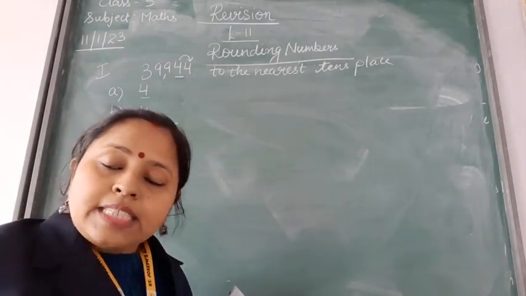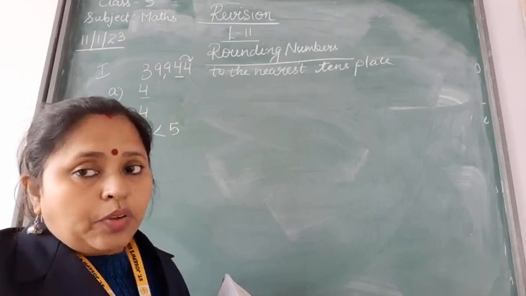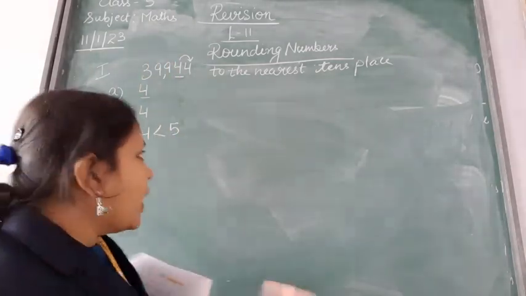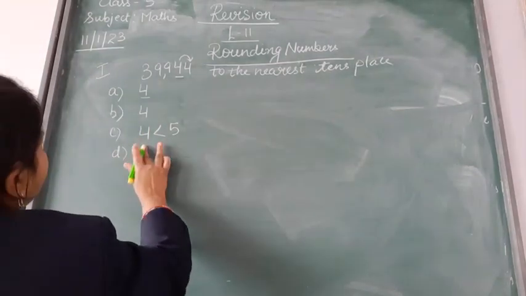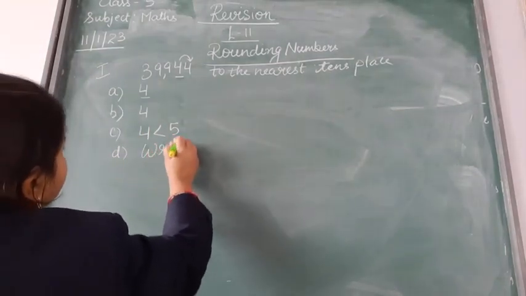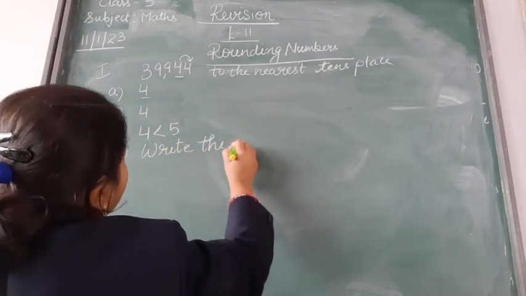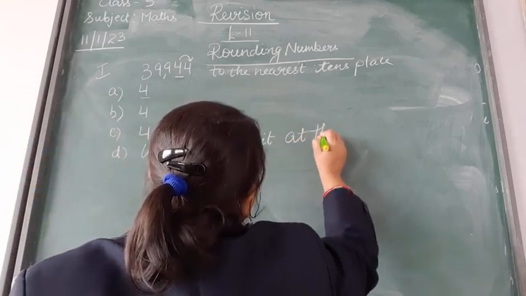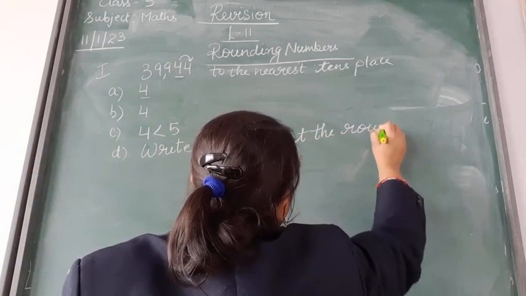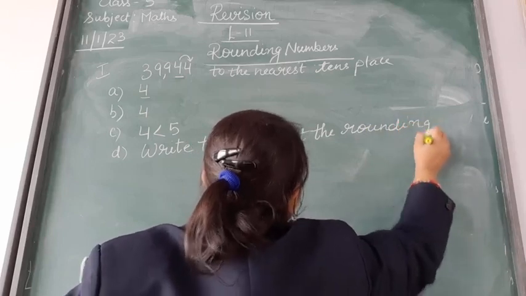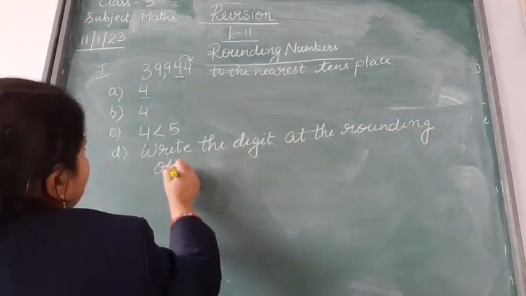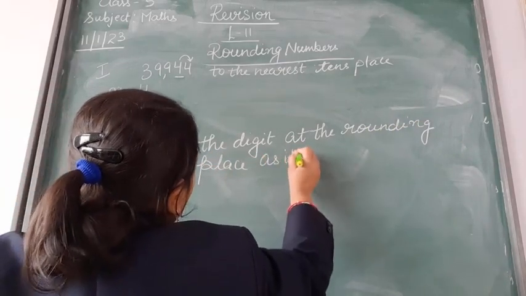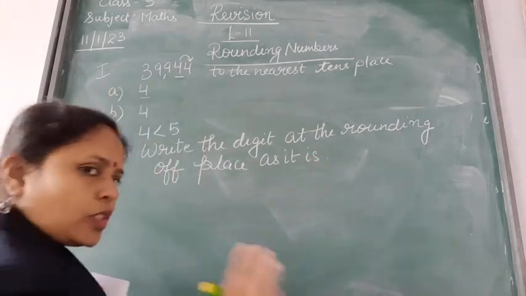Our rounding off place is the 10th place, so we are not going to change the digit there, which is 4. We will write the digit at the rounding off place as it is, which means we will not change the digit.